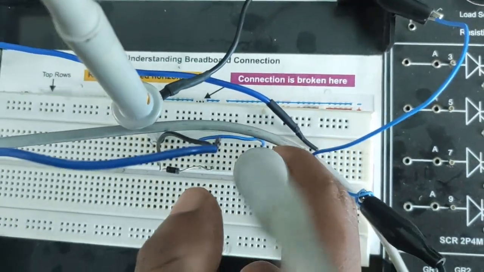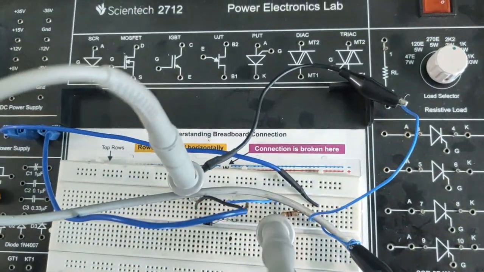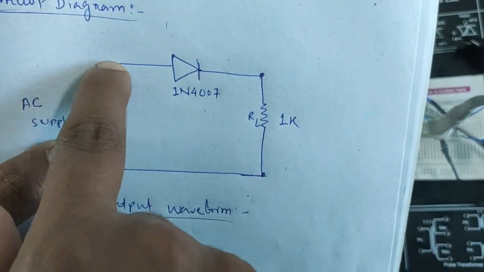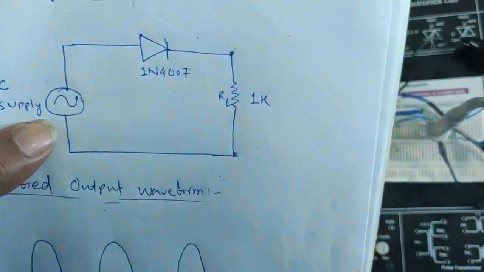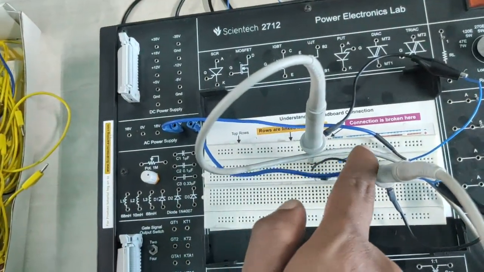This is of 1K, we have taken 1K, and the anode is connected to plus 15. This is 15 volt AC, so the anode is connected to plus 15.